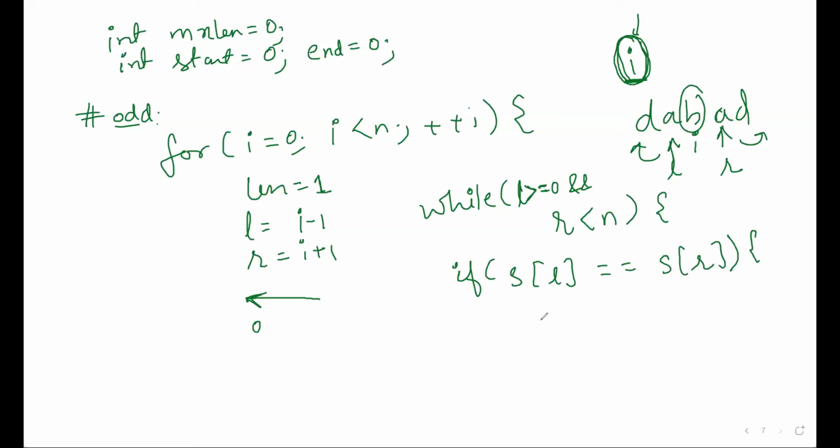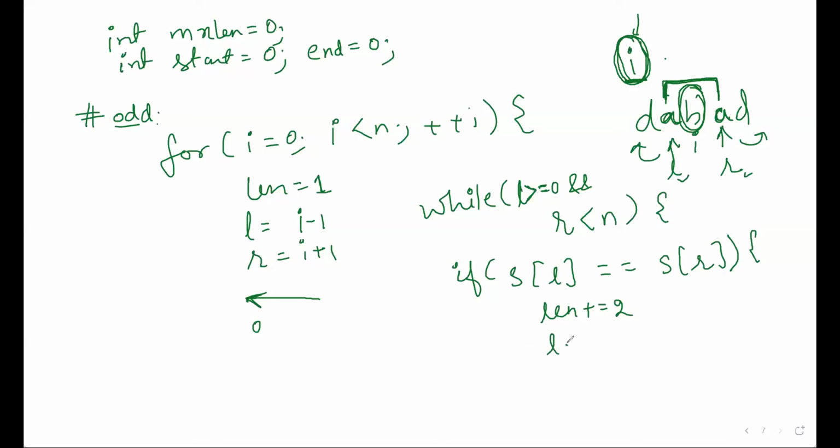So once you are taking them, your length is getting modified by 2. So here I was at B. Now L is pointing at this A, R is pointing at this A. They are equal. So I can have a substring of length 3 now. Okay. Why? Because I got two characters present at L and R. So length is getting modified by 2.